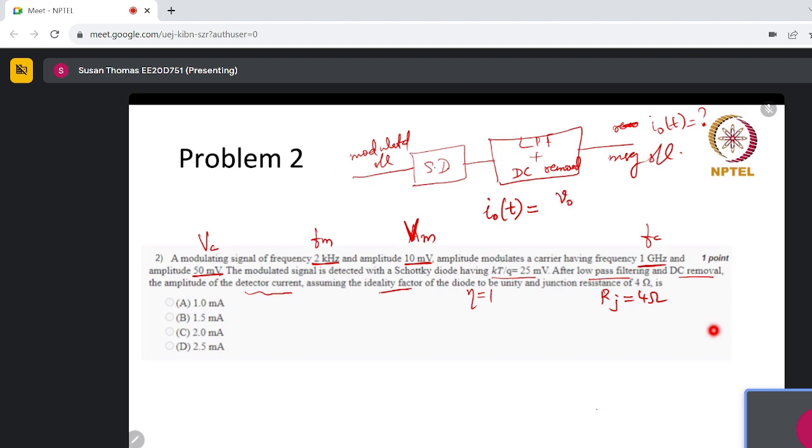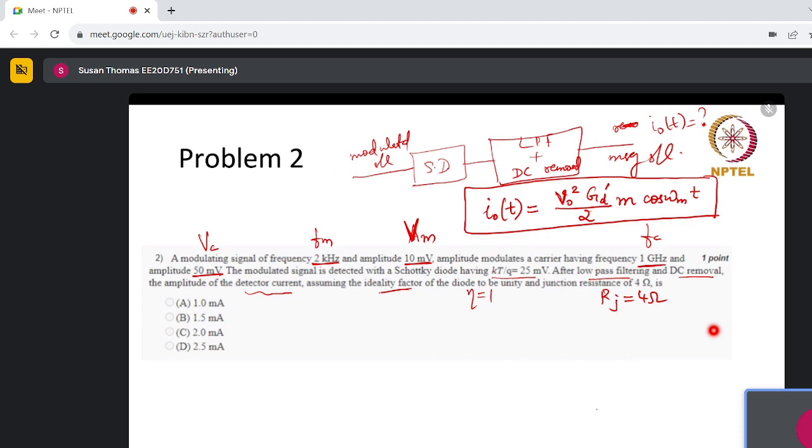It should be V naught square GD dash by 2 M cos omega mt. So as per this, V naught is basically the applied carrier amplitude.